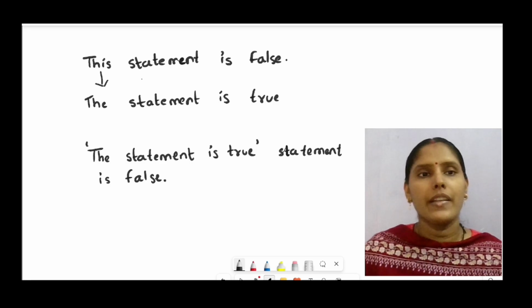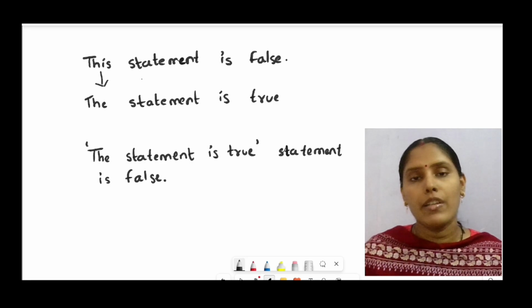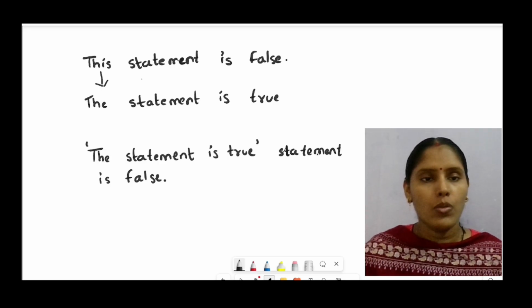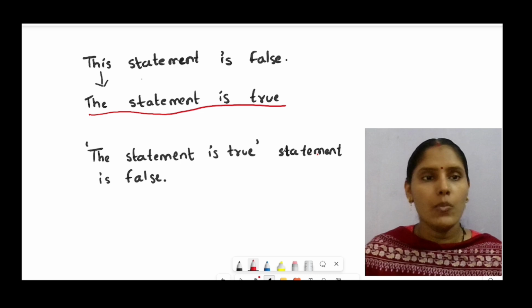The problem is created if the referring statement is substituted in the referred statement. The statement "the statement is true" is pointed to by this word.